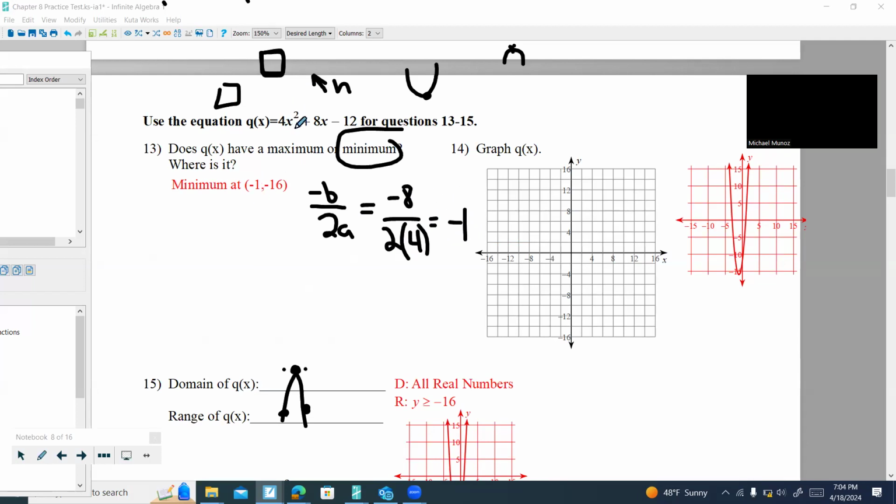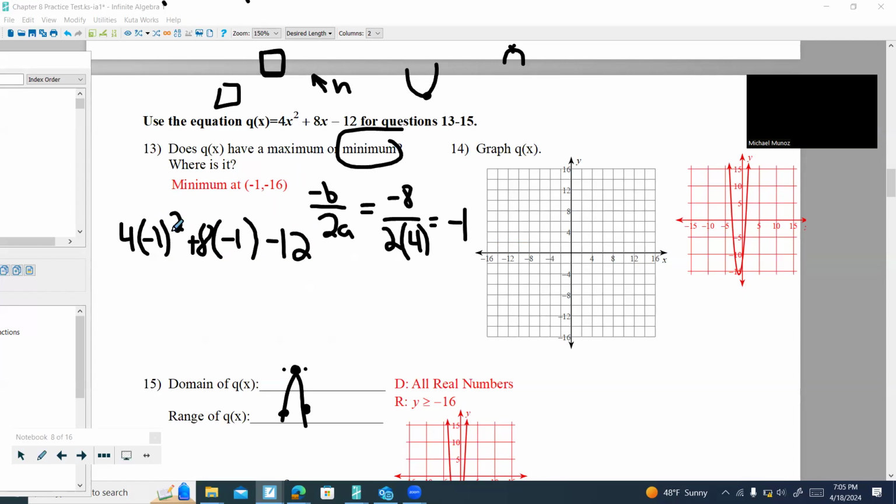And then to plug it into the equation, I just have to plug in a -1. So I'm going to do 4 times -1 squared plus 8 times -1 minus 12. And when I figure that out, I'm going to get a -16.